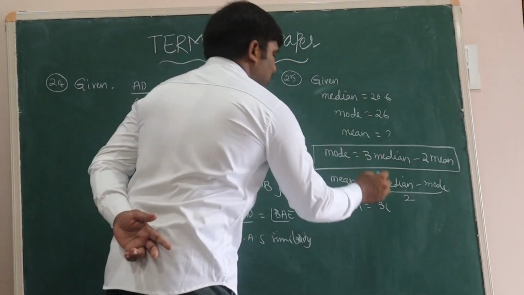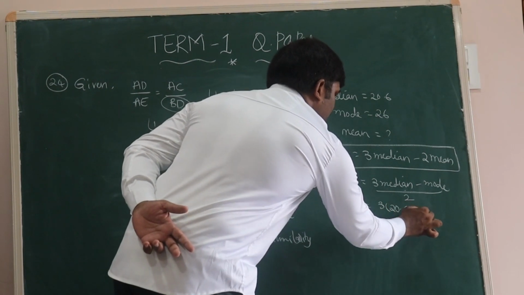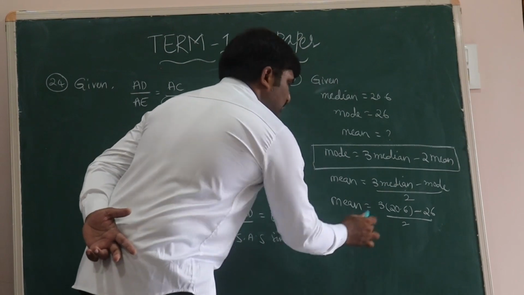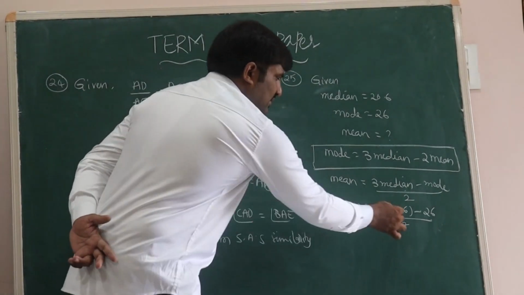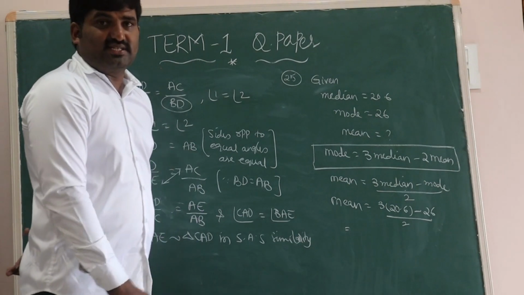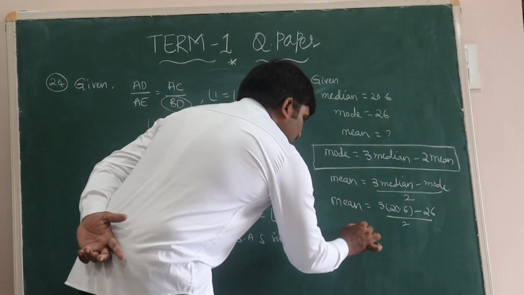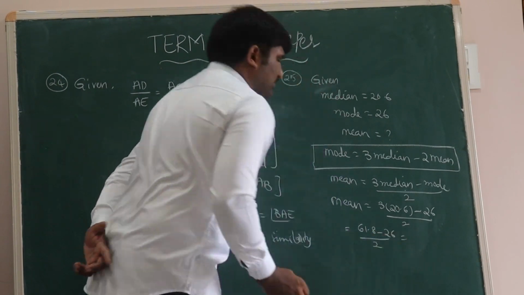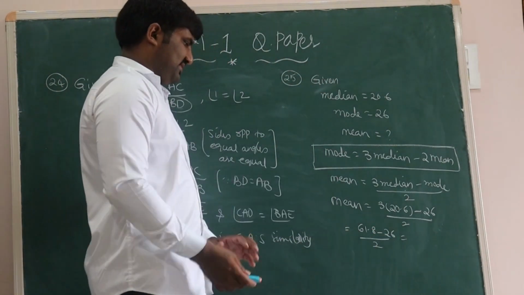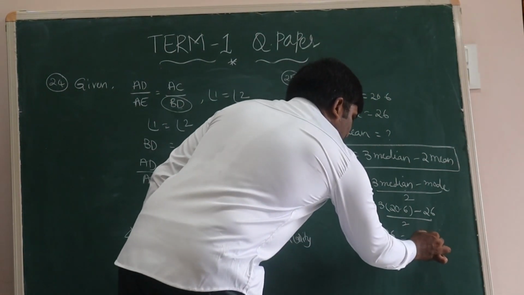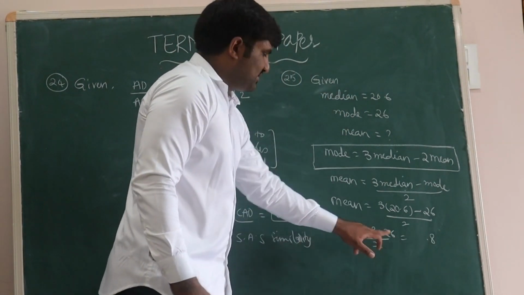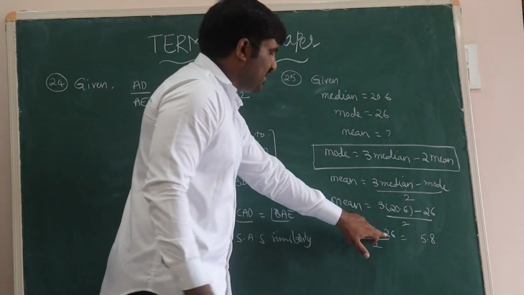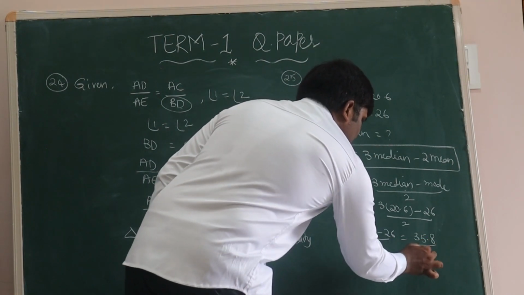What is median here? 20.6. Minus mode, 26, by 2, which is equal to 3 times 20.6, that is 61.8, minus 26 by 2, which is 35.8 by 2.